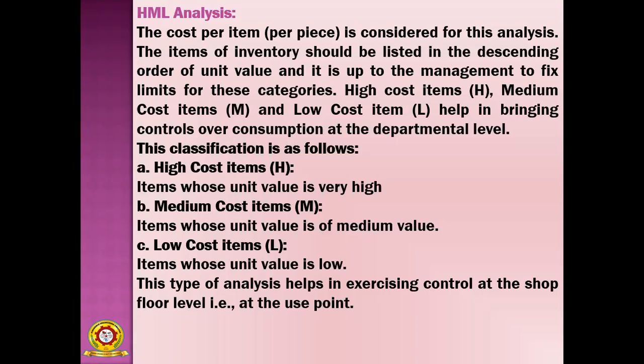So in this way, you have to maintain the raw materials, spare parts or anything. You have to maintain the stock depending on these types. So the material belongs to which category, depending upon the price or depending upon the availability and depending upon the lead time.